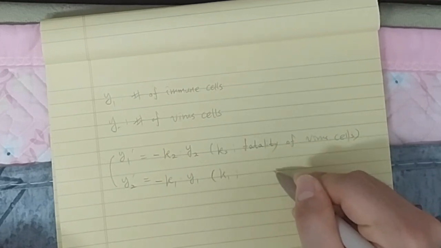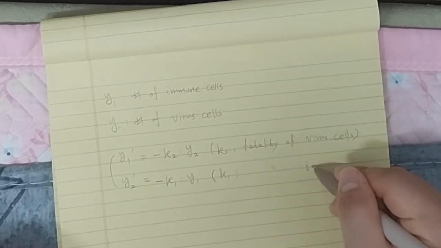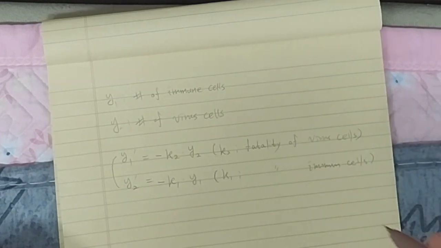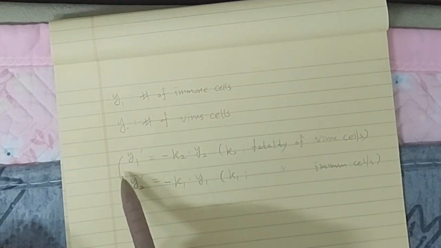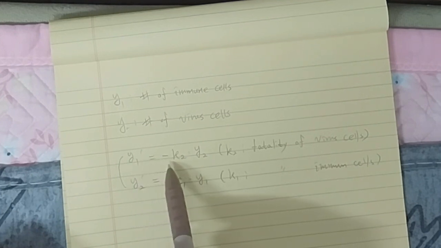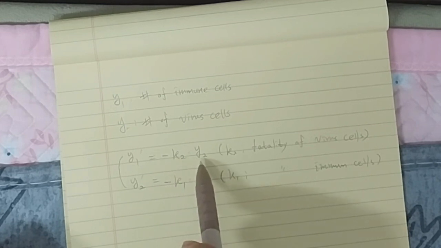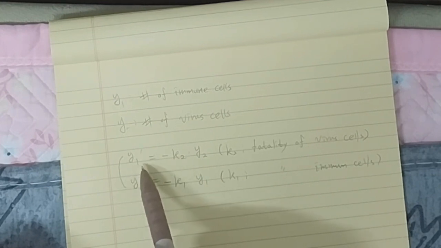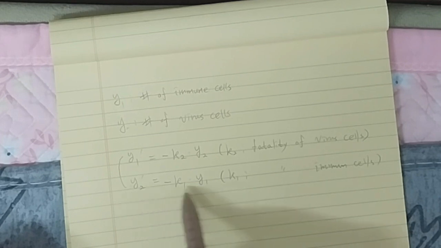Likewise, K1 is the fatality of immune cells. This means the number of immune cells decreases when there are more virus cells, and the higher the fatality of virus cells, the more immune cells die, and vice versa.